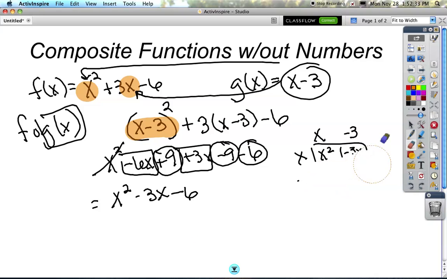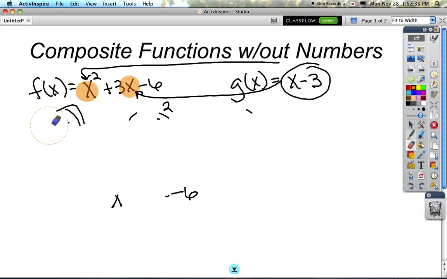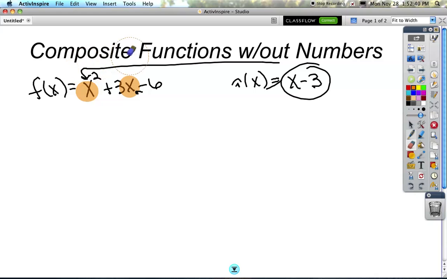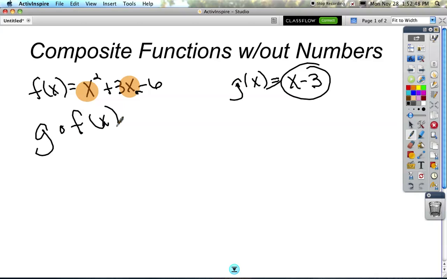All right, let's do the g of f of x, which is a whole lot easier. Which one am I starting with? f, the whole thing.